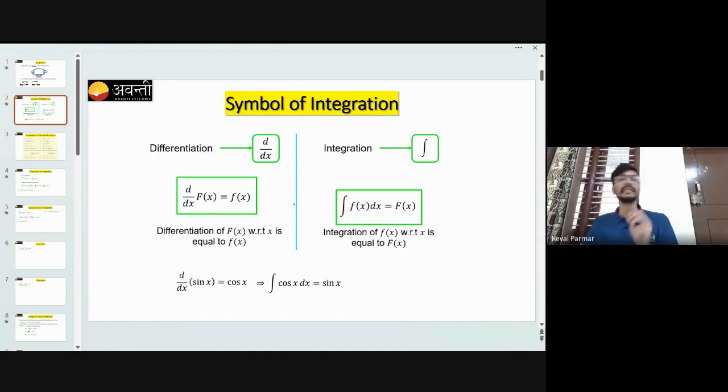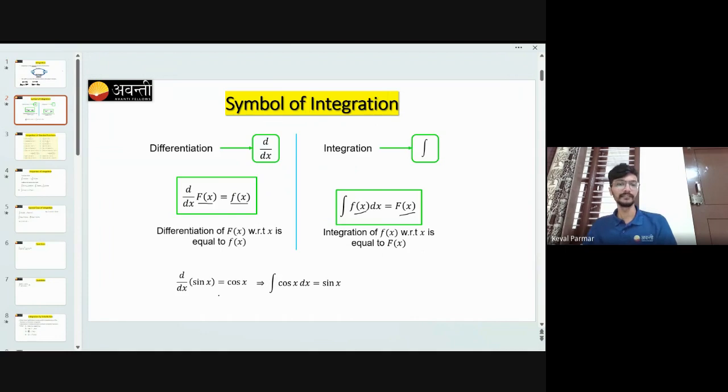Now let's talk about the next thing, the symbol. You have been studying this from subjects like physics. The differentiation symbol is d by dx. So what is the integration symbol? The integration symbol is just like a snake. I like to call it a snake. So if the derivative of F of x is small f of x, then the integration of small f of x will be capital F of x.